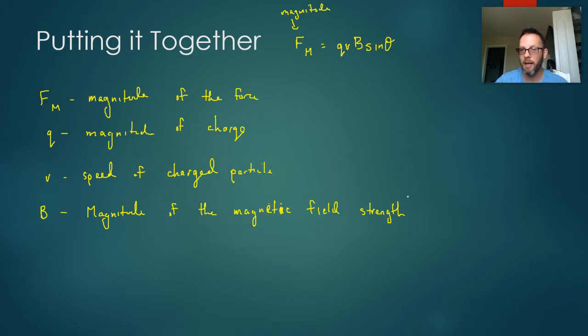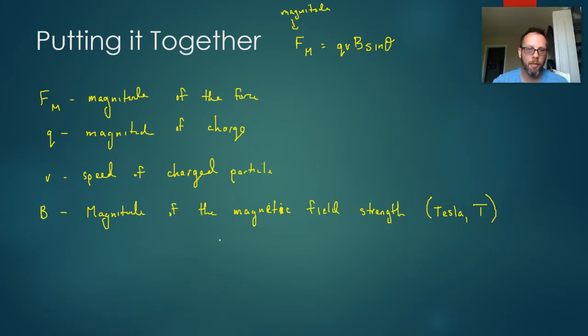But the unit of magnetic field strength you may have heard before is the Tesla, and we use the symbol T for that. Later on, when we talk about the force on a conductor, we'll have a way of wrapping our minds around what a Tesla is equivalent to. But for now, we'll just use the unit.